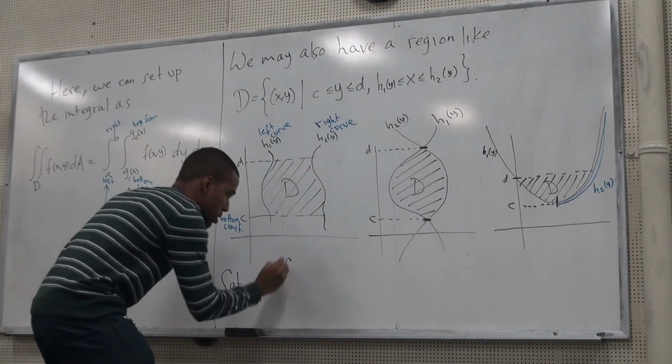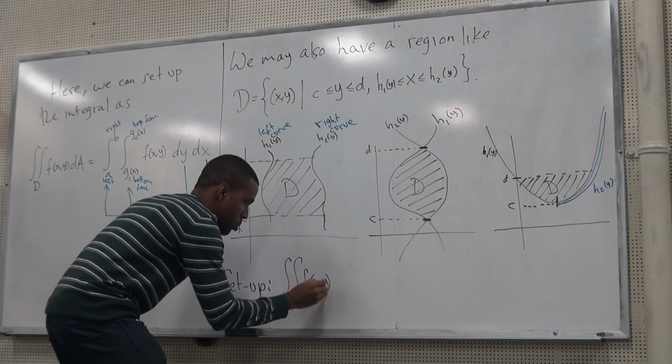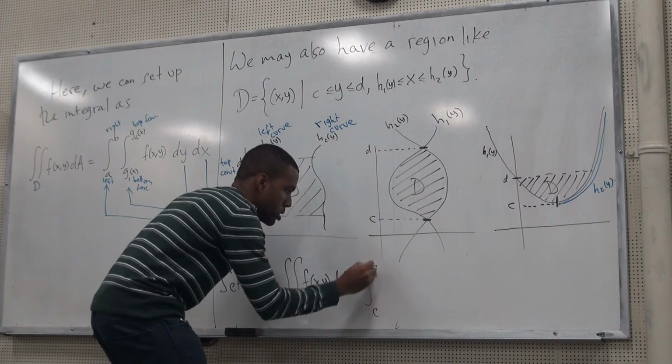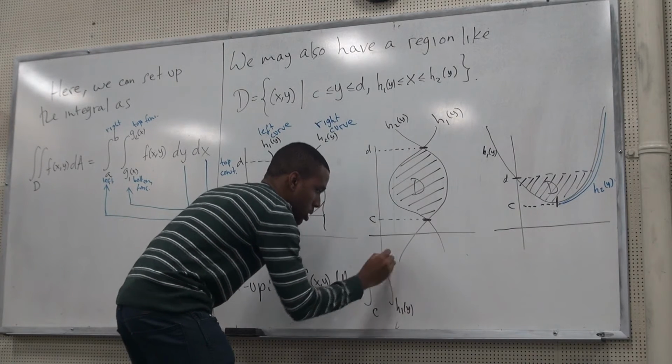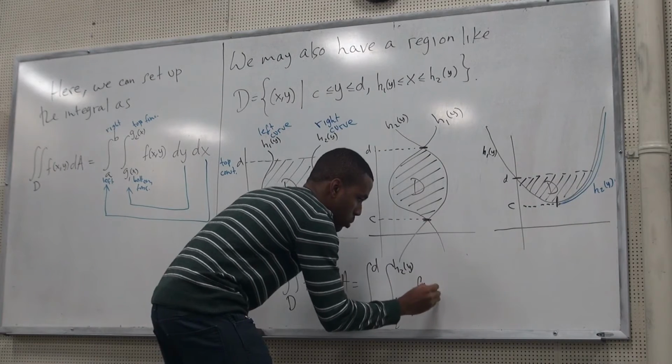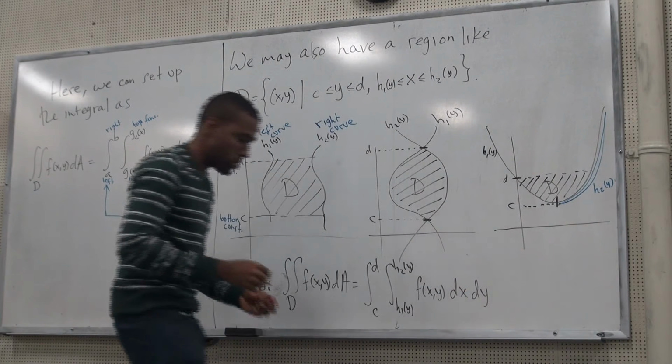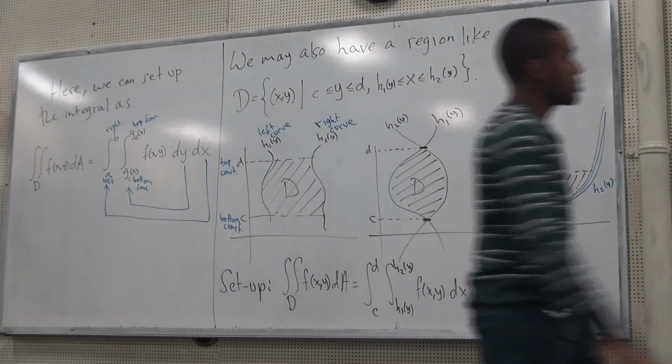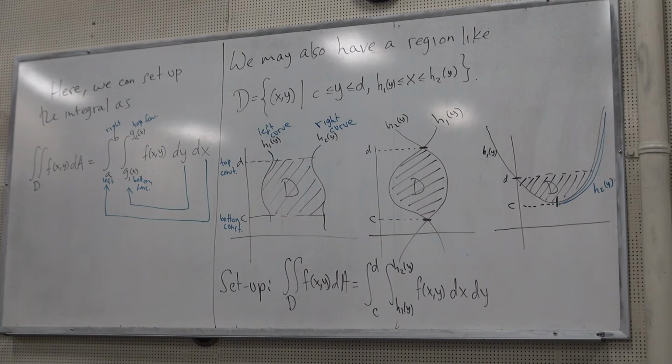The setup of the integral in this case, for f of x, y dA, you would set up as c up to d, h1 of y to h2 of y, f of x, y, and now you do dx, dy. Outside, you always have constants.